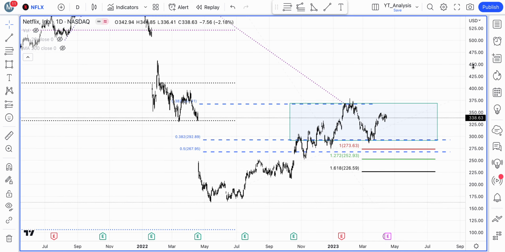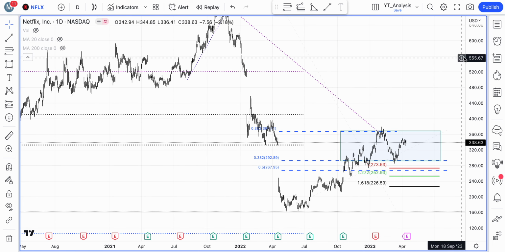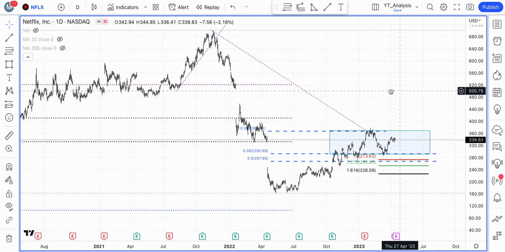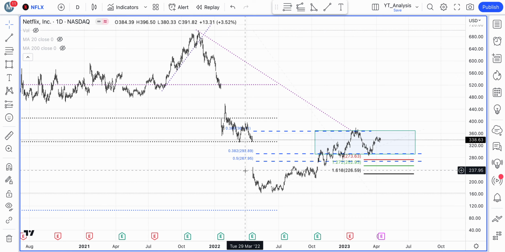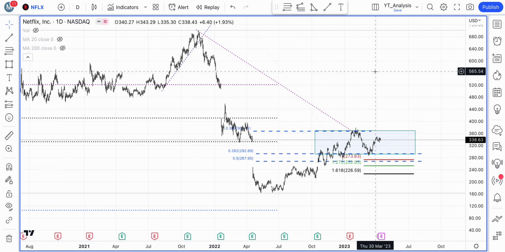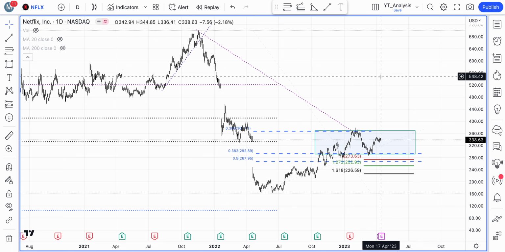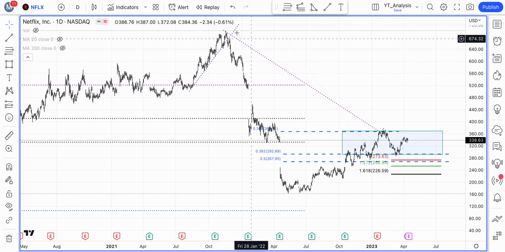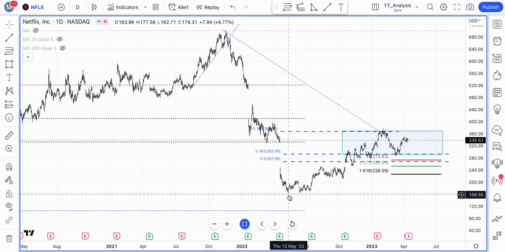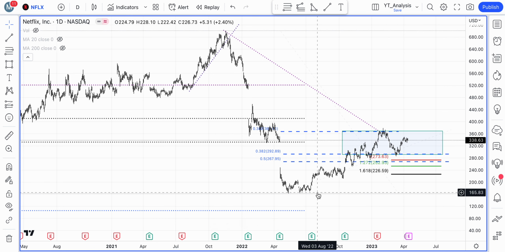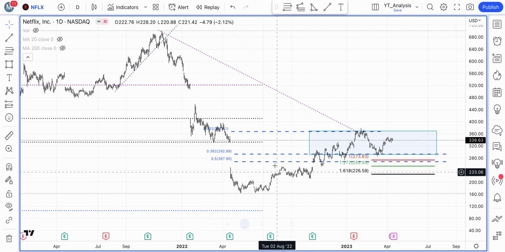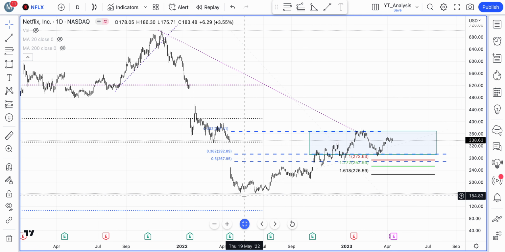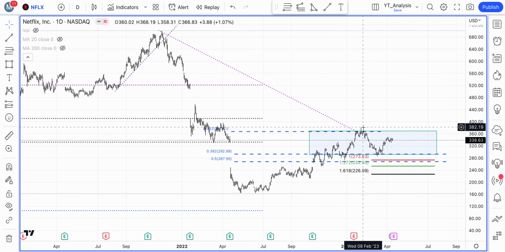If you look at the Netflix stock, there's a fairly dramatic fall in the stock price, something we have seen in, you can say, Tesla, but of course the fundamentals are different for both of these stocks. So a fairly dramatic decline, and then around May of 2022, almost about a year ago, it began to consolidate and then began to break out of it, and it has had a fairly good rally.